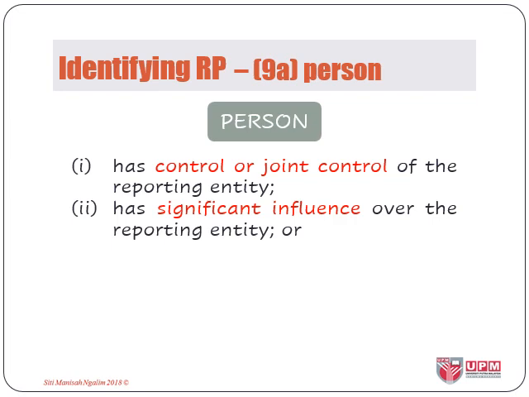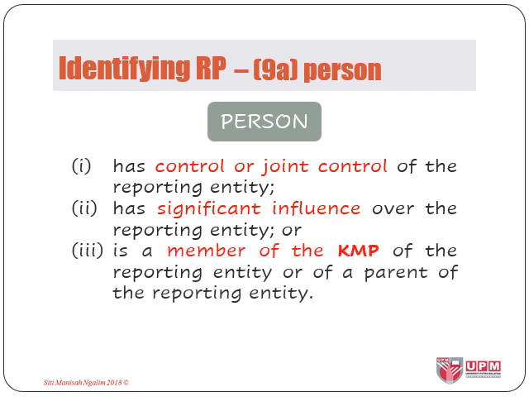Or, if not having control, he or she has significant influence, which could be achieved if he or she owns more than 20% but less than 50% interest in the reporting entity, or by other arrangement. Or, if not having interest in the reporting entity, he or she is a member of the key management personnel of the reporting entity, or of a parent of the reporting entity, since parents will have control over the entity.